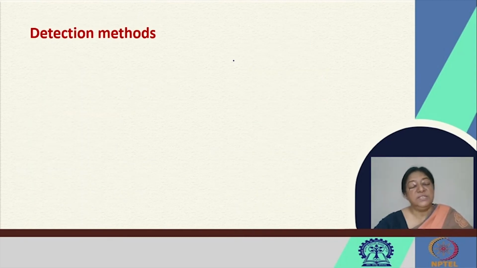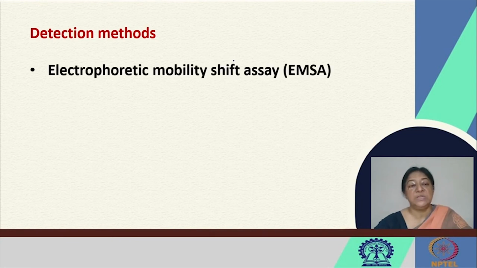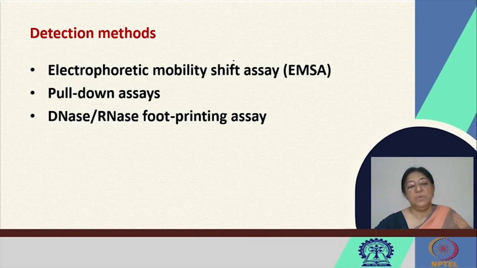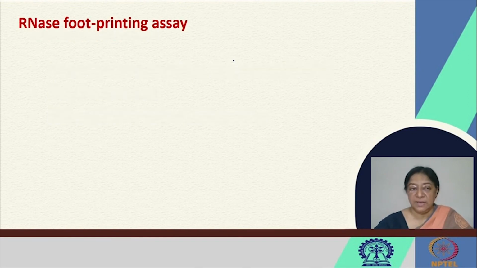In the detection methods that we studied in the previous two lectures, we looked at the electrophoretic mobility shift assay. We looked at the pull down assay, and in this lecture we will study the footprinting assay that is used for DNAs and RNAs.